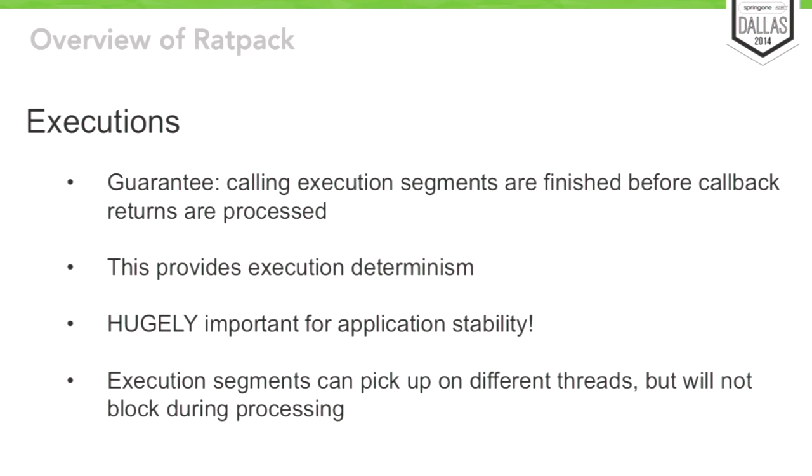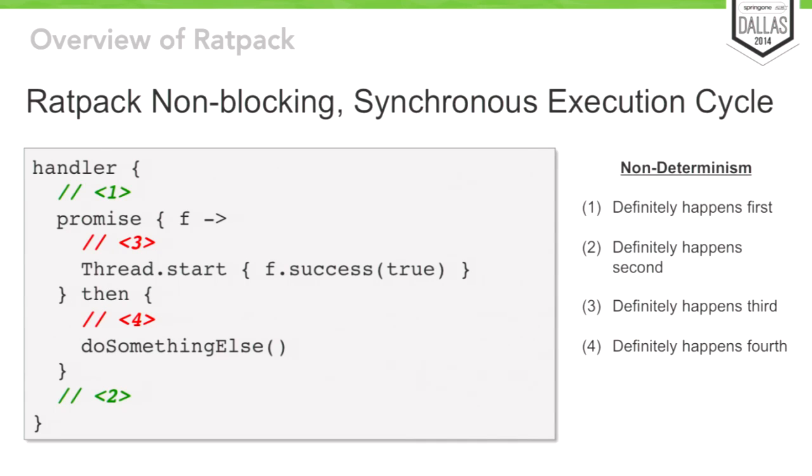But most importantly, it provides a deterministic execution path, and that looks something like this. So this takes the async out of the processing chain, but not really that much. All that we're really doing is serializing asynchronous events for you.